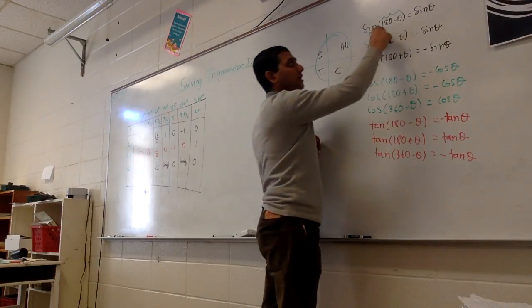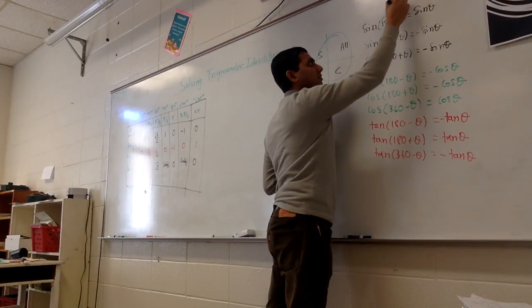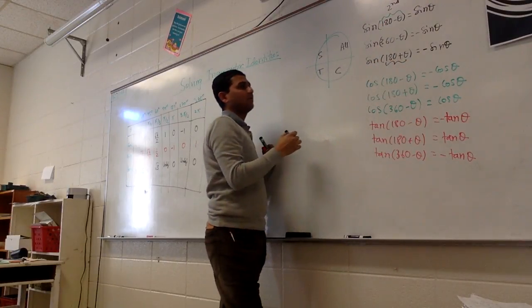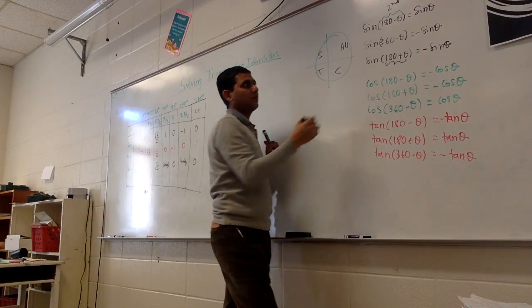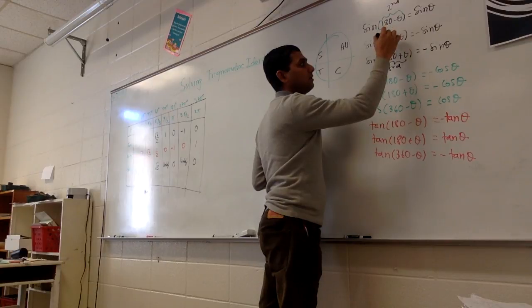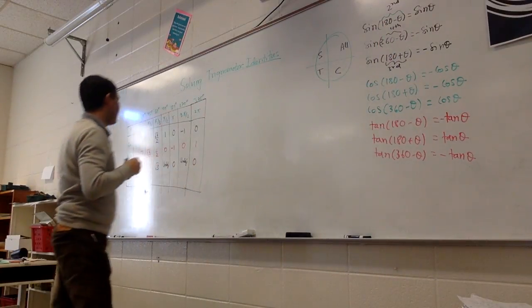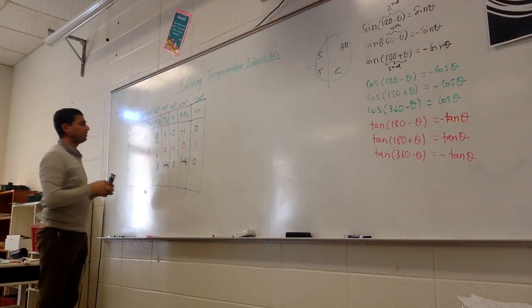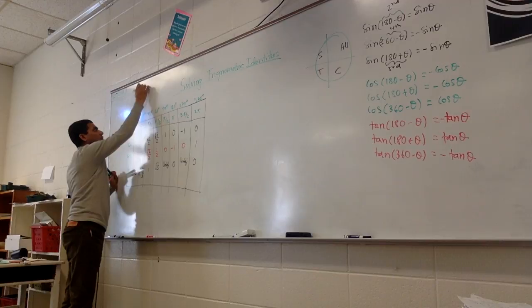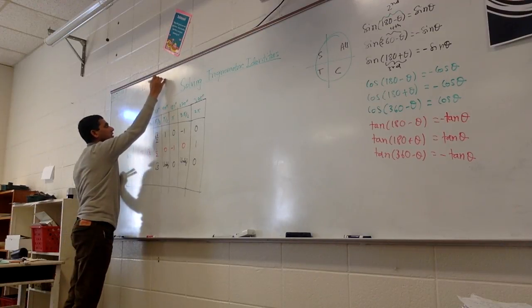So whenever we are looking for 180 minus theta, it is the second quadrant. 180 plus theta, third quadrant. 360 minus theta, fourth quadrant.